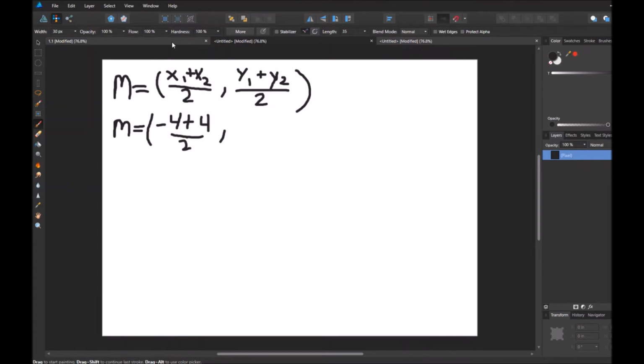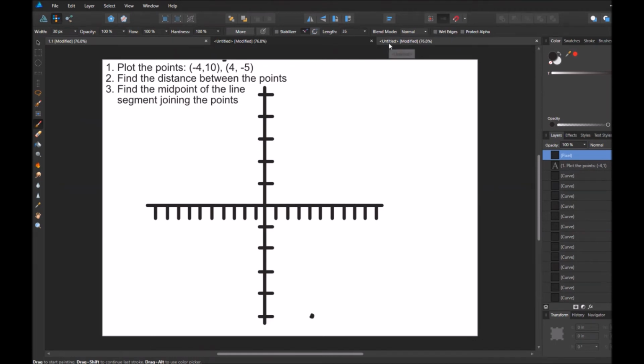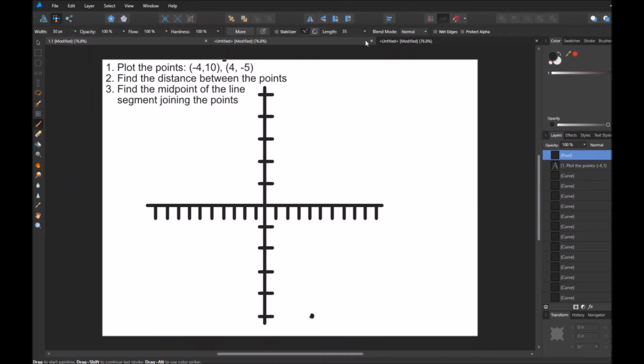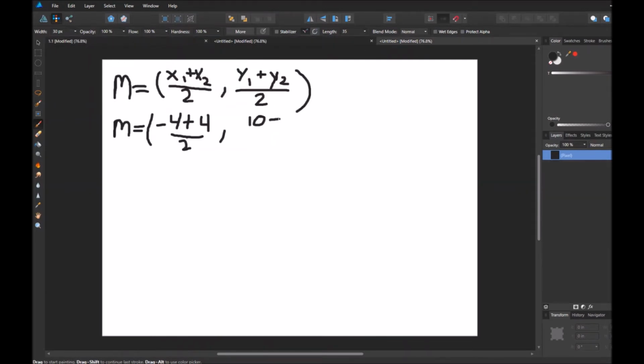And then we put the comma, and then our y1 would be 10. That doesn't really matter, but our y2 value would be -5, and then that's going to be over 2. So our midpoint is going to be -4 plus 4, which is 0, 0 over 2, comma 10 minus 5, which is 5 over 2.